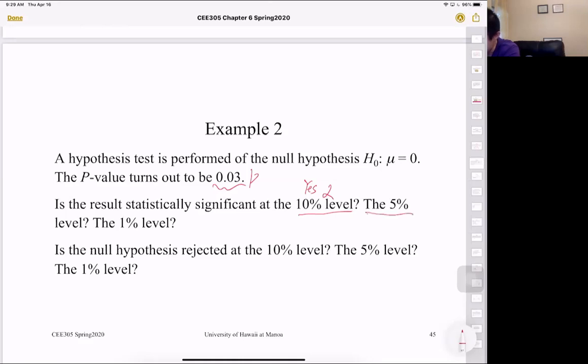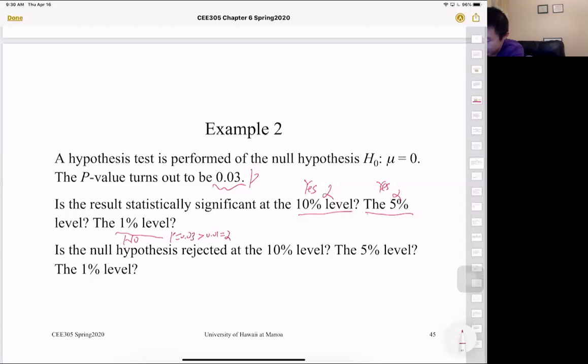How about the 5% level? Alpha right now is 5%, but p is still less than alpha. So it is still statistically significant at the 5% level, but not at the 1% level, because p is larger than alpha now.